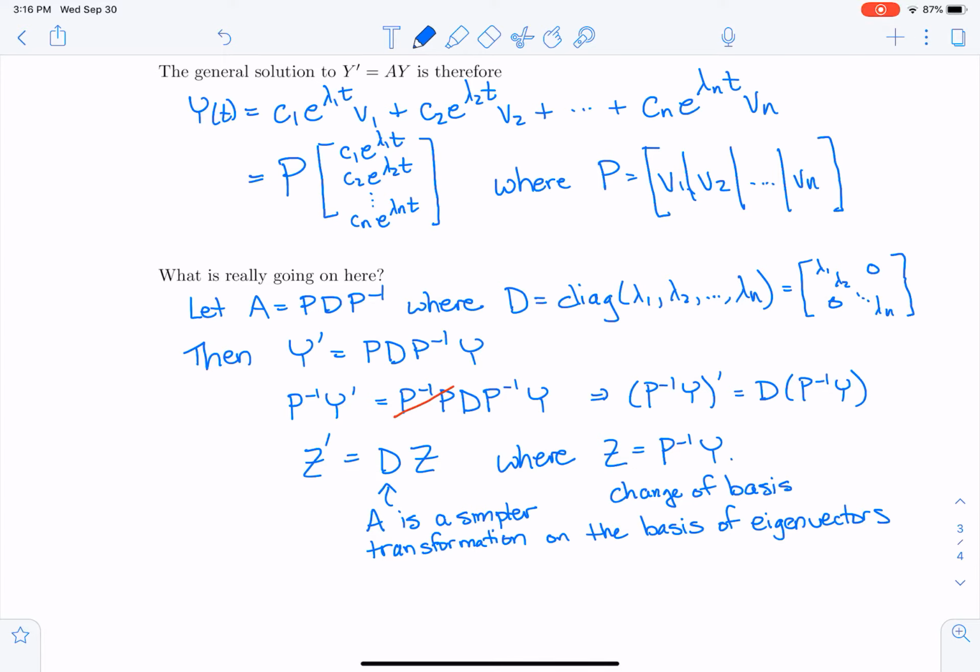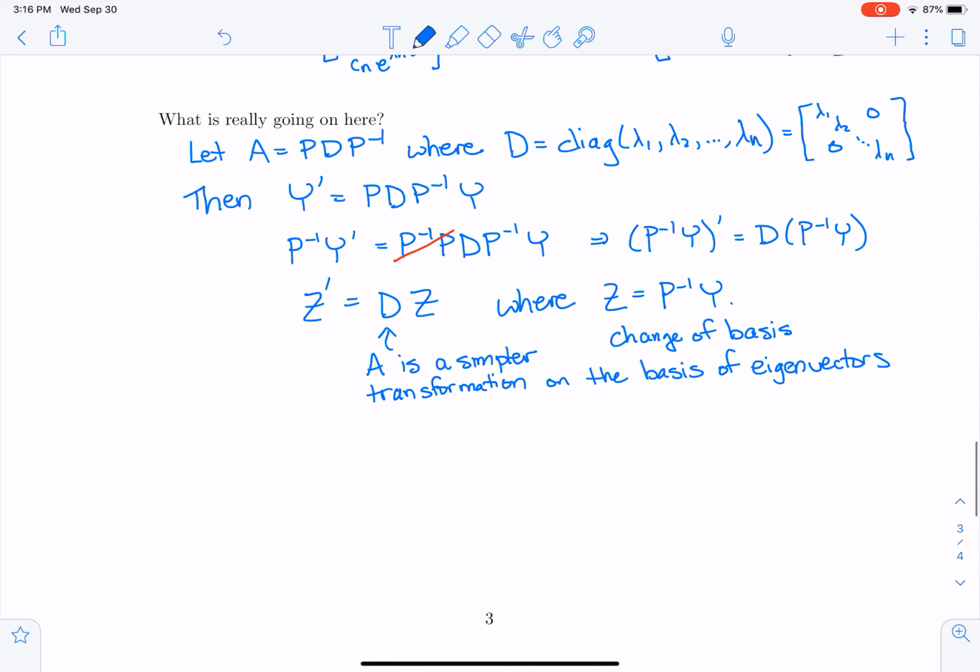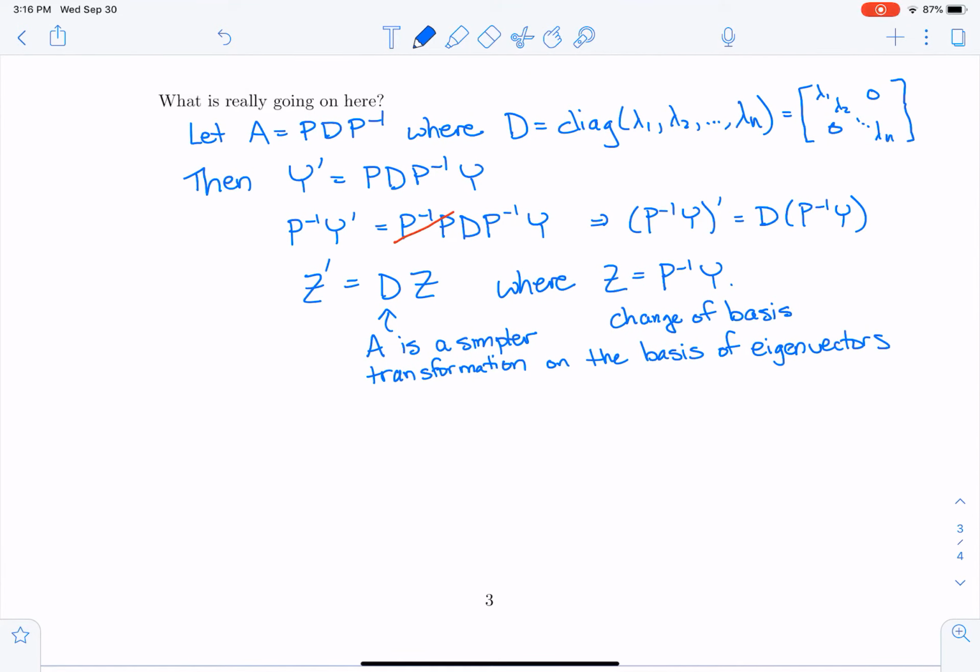It's simpler because now it's just a diagonal matrix. So what we have here is a series of problems that are fairly simple to write out.